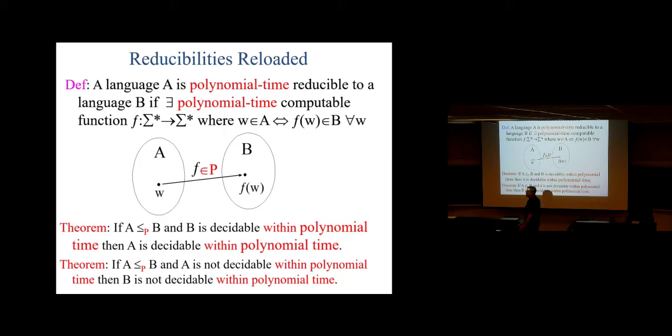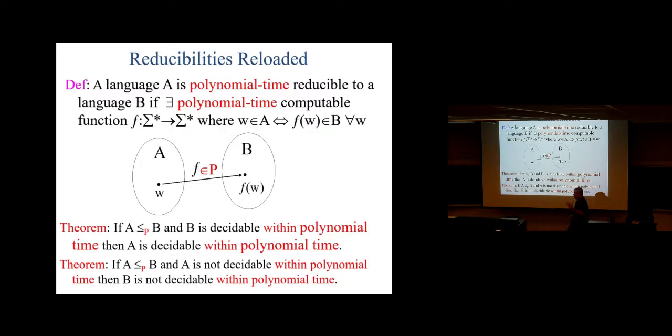You don't know how to solve A, so transform it to B, then solve B efficiently, which is not true, and then that will immediately translate the yes to a yes and the no to a no, and you'll be solving A efficiently, which we said you can't do. So, also, the second one is a contrapositive of the first. How many can see that? Okay, good. So you're with me. So we proved it kind of independently, but it's really the contrapositive of the first.